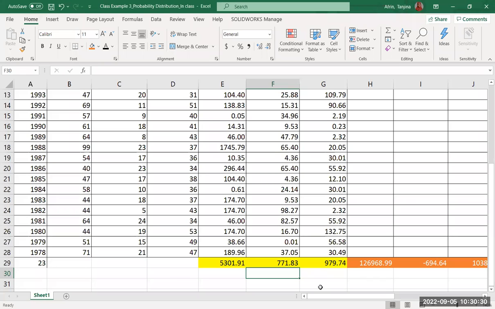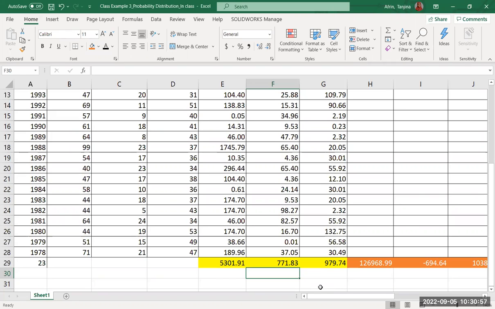Now copy that one again. Now we should get the same thing. If you got the same number, you should actually get the exact same number because you're using Excel.